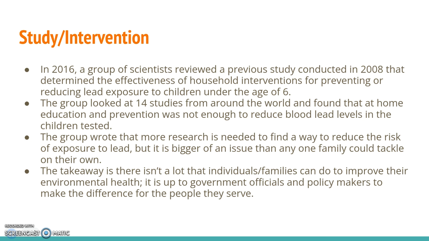The takeaway is that there isn't a lot that individuals or families can do to improve their environmental health, not just as far as lead exposure, but in general. It is up to government officials and policymakers to make the difference for the people that they serve.